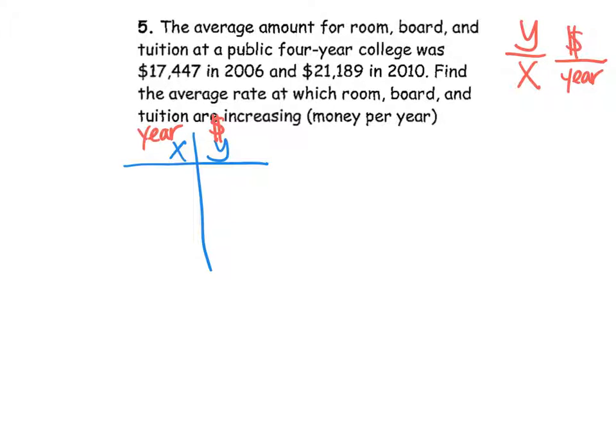Year, 2006. Year, 2010. In 2006, let's fill in my chart, $17,447. If someone has a calculator in their backpack, could they take it out? In 2010, $21,189.